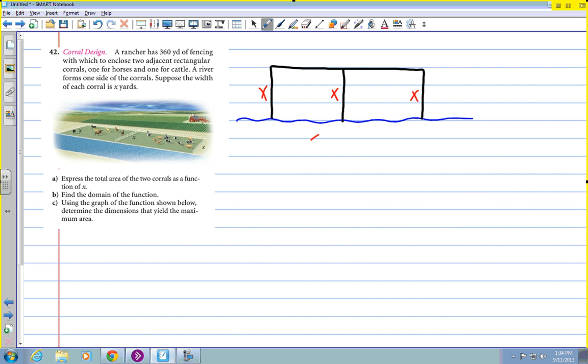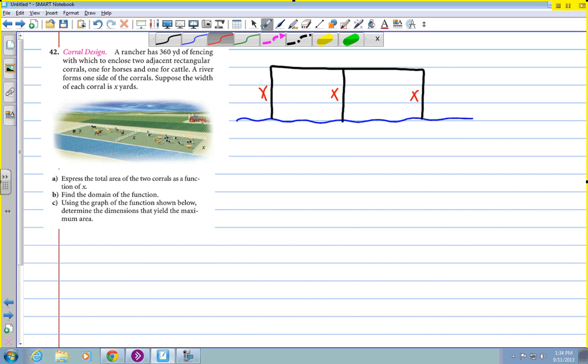A river forms one side of the corral, so you don't need a fence. And then we have this picture. Horses can swim, and clearly cattle as well. But all right, so we need to come up with a function for the area of both of them.